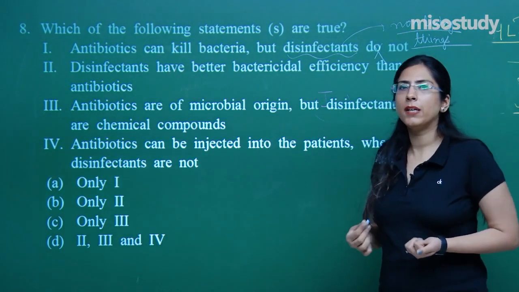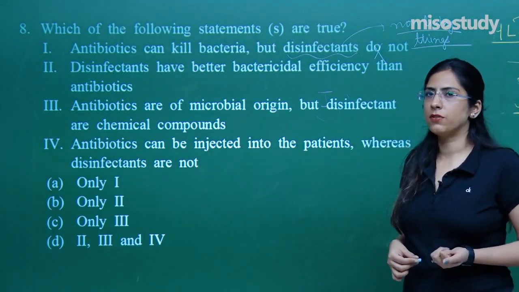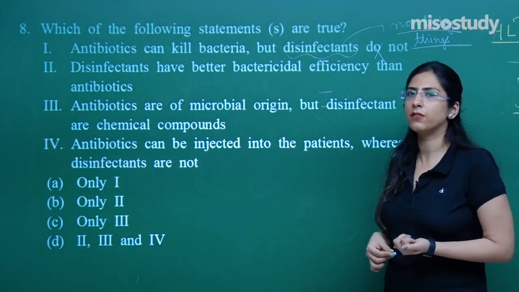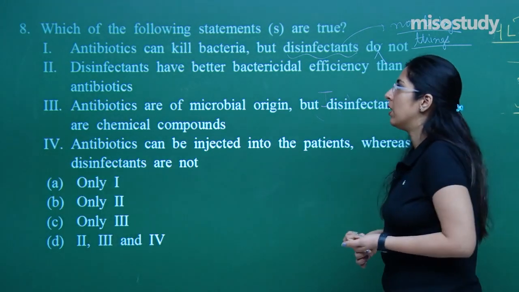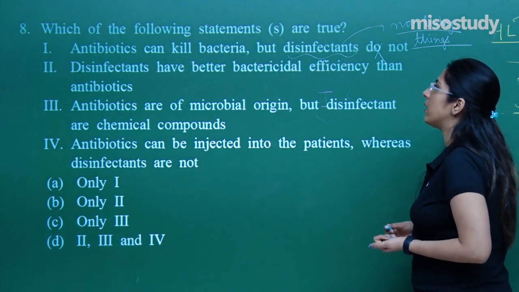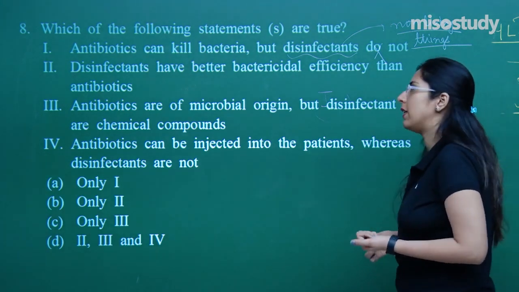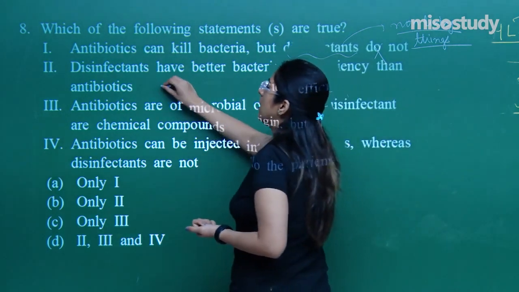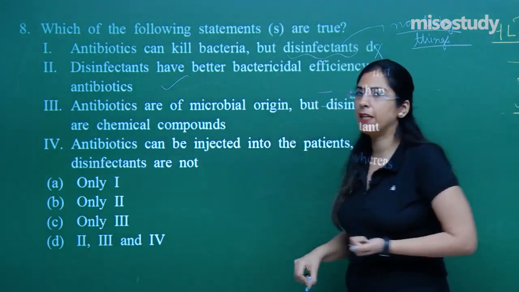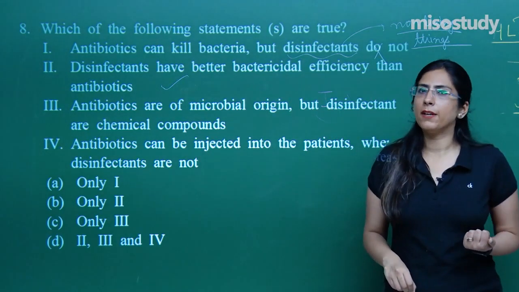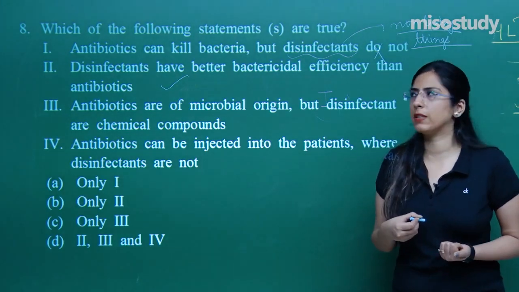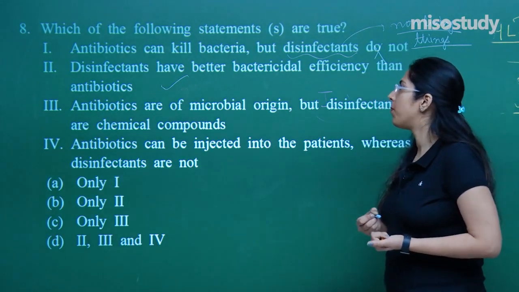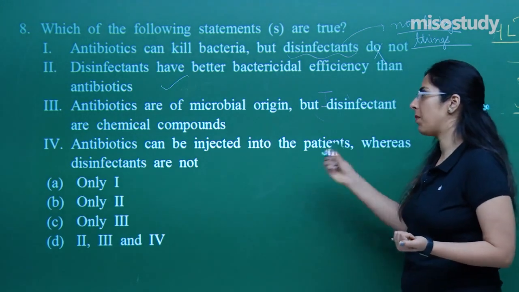And we know that antibiotics are secreted from microorganisms. The first antibiotic that was secreted is called penicillin, secreted from Penicillium notatum. Second, disinfectants have better bactericidal efficiency than antibiotics. Yes, this is a right option. Disinfectants have better bactericidal properties, but they are applied to non-living things, so we cannot consume those disinfectants. Antibiotics are of microbial origin, while disinfectants are of chemical origin.